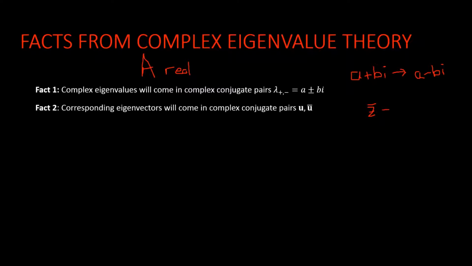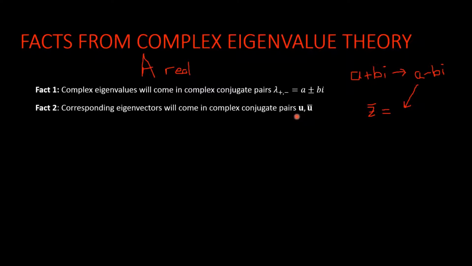So z bar is the conjugate. Another thing is we often denote complex numbers with the letter z. That's pretty popular notation, like if you have a complex variable.